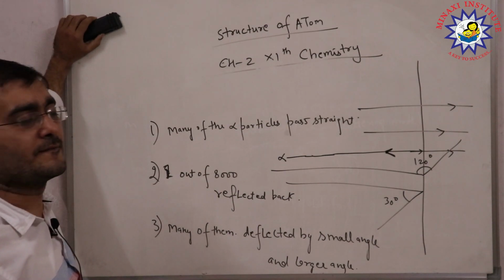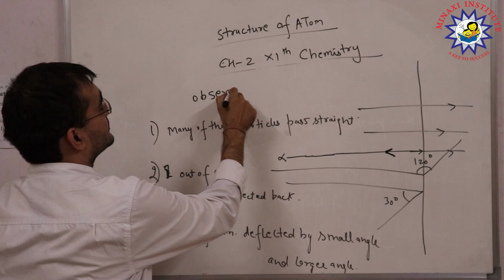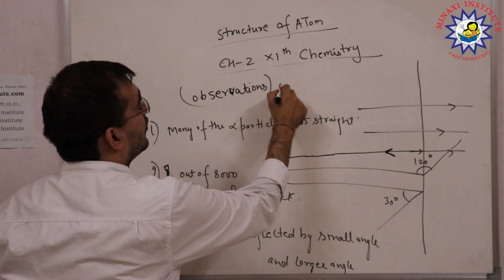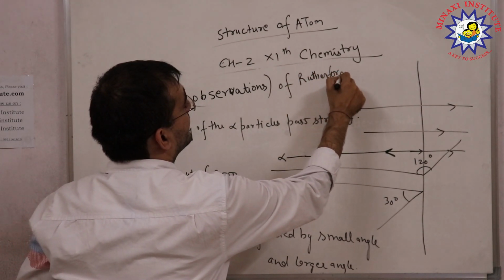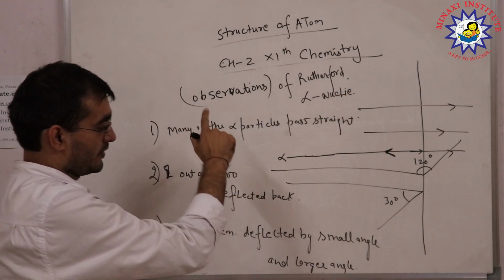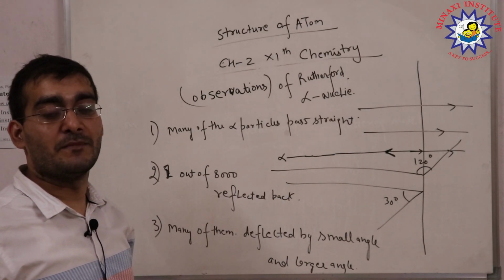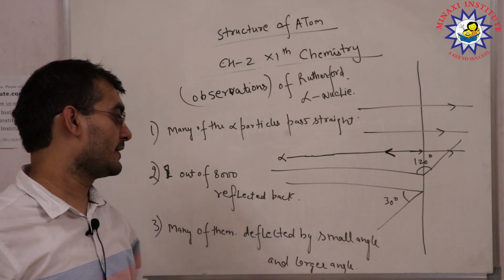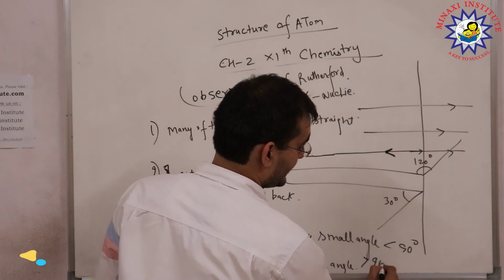I think you have noted down. These are the observations of Rutherford's alpha scattering model. Many of the alpha particles pass straight. Many are deflected by small angles, that is less than 90 degrees. Some by larger angles, that is greater than 90 degrees.